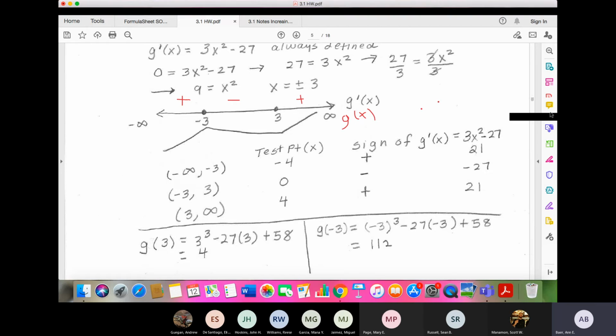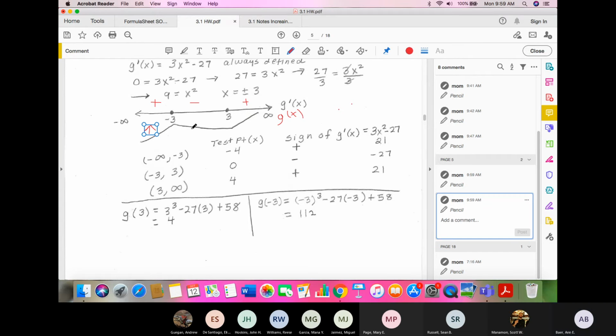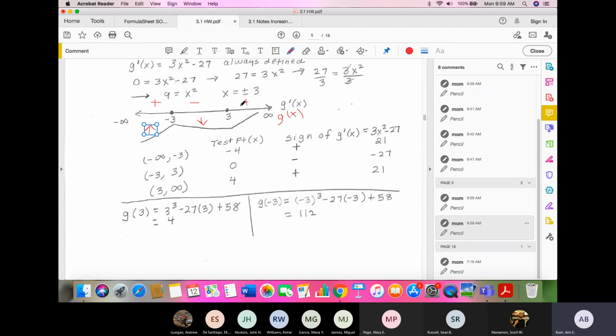It tells me that it's increasing. And where the derivative is negative, the original graph is decreasing. And where the first derivative is positive is where the original graph is increasing. So that's what's going on there.